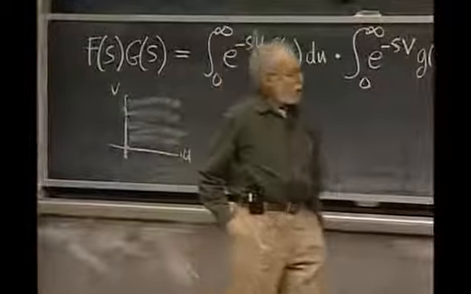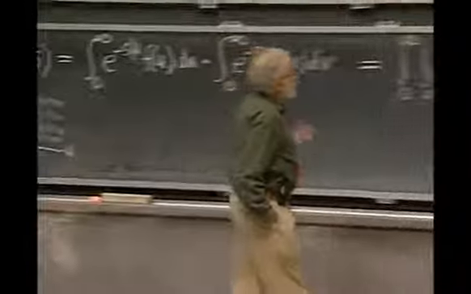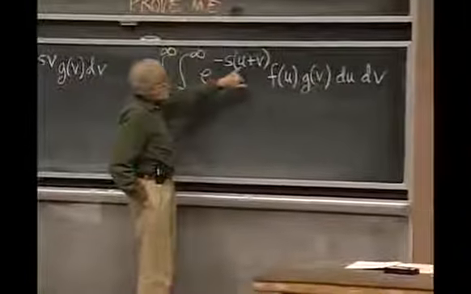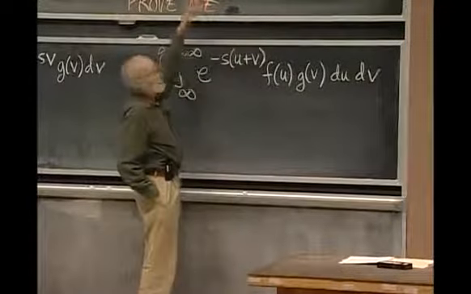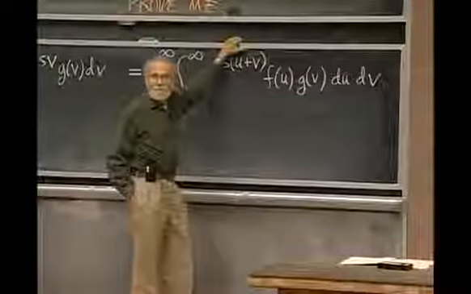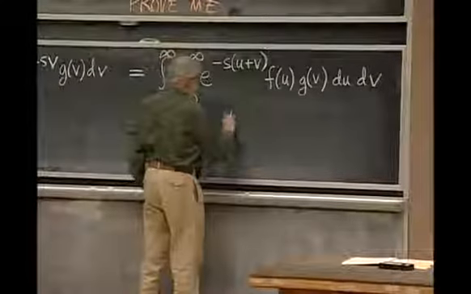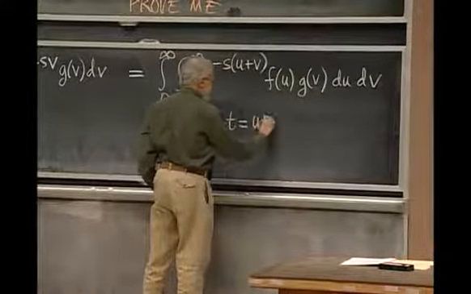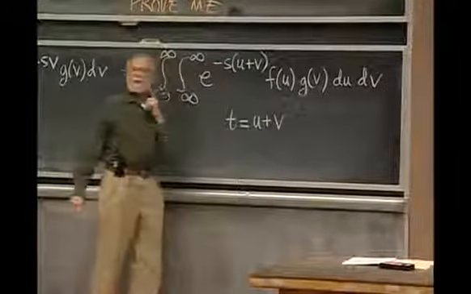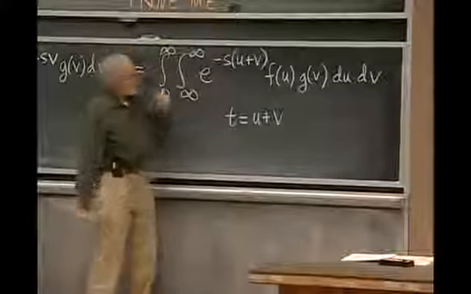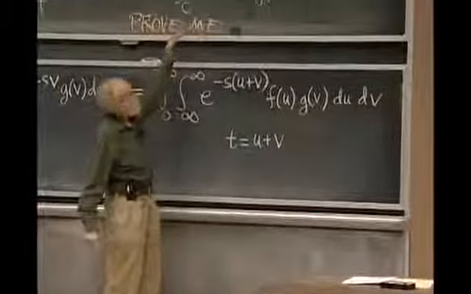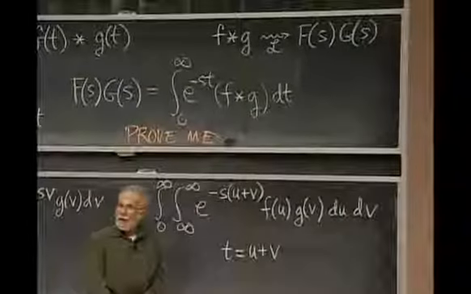Let's take a look. What are we looking for? Well, we would be very happy if u plus v were t. Let's make it t. In other words, I'm introducing a new variable, t equals u plus v, and it's suggested by the form in which I'm looking for the answer.